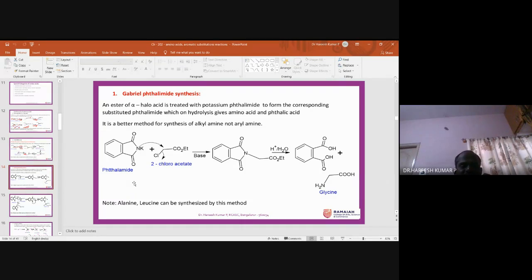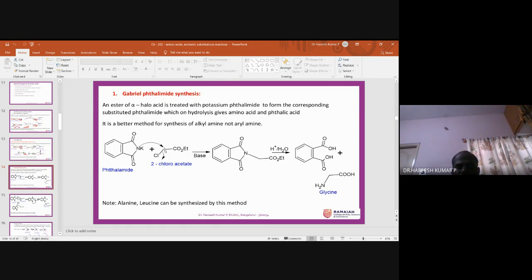Phthalic anhydride on treating with ammonia gives phthalimide. This phthalimide has N minus and K plus. So N minus will attack this carbon and Cl will go out, with removal of KCl.